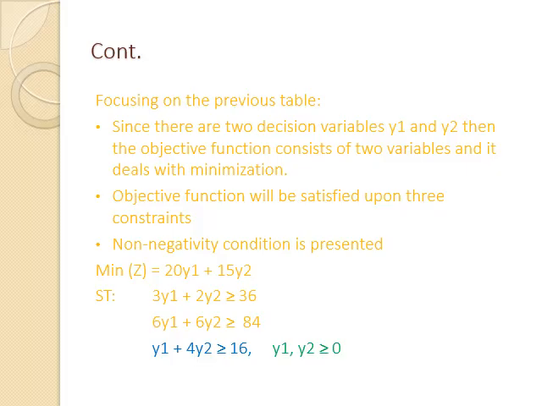We will try to produce a certain quantity of y1 and y2 in order to minimize the cost. That's why the constraints are more or equal.